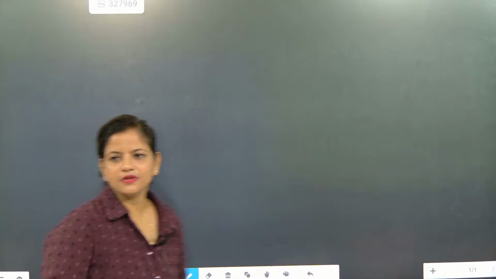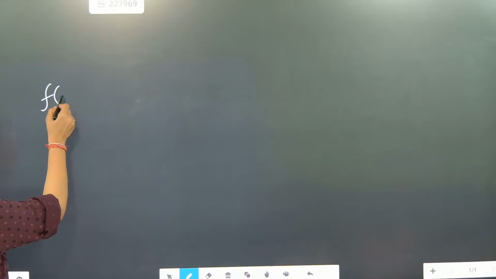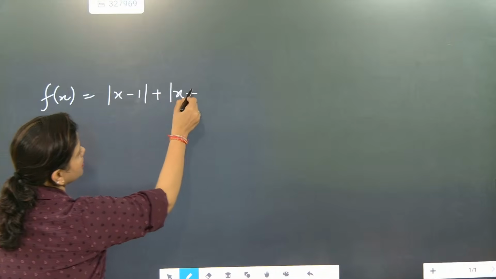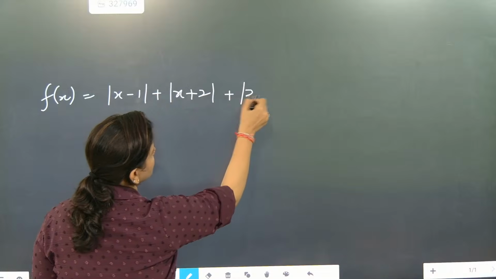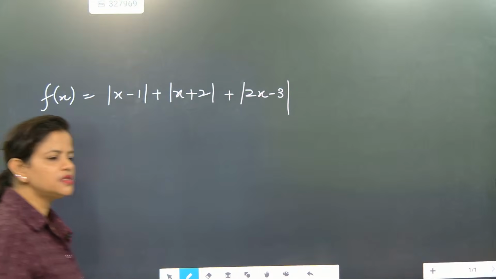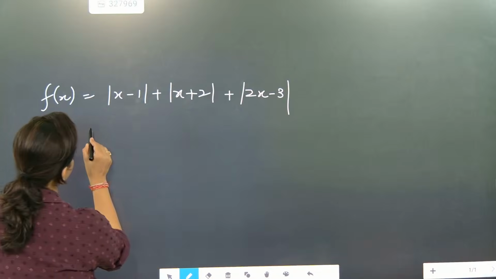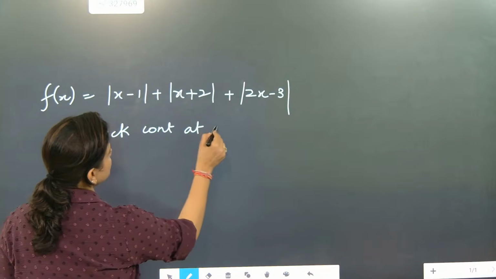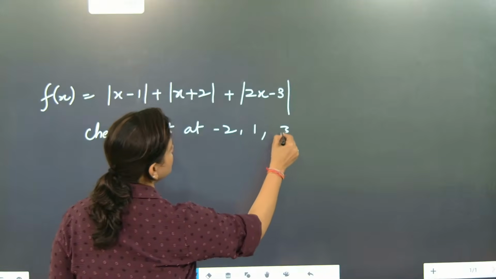Now look at it. If any function is given to you like modulus of x minus 1, modulus of x plus 2, and modulus of 2x minus 3, now they will tell you to check the continuity at minus 2, 1 and 3 by 2.